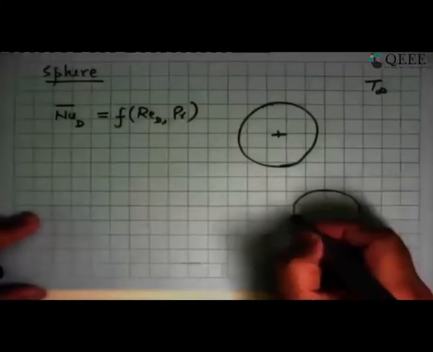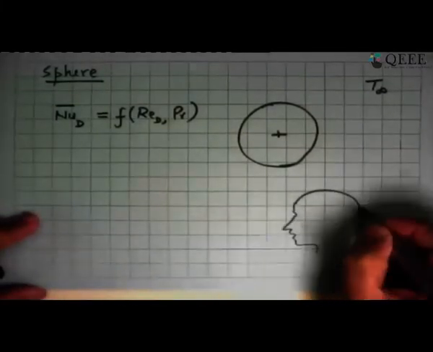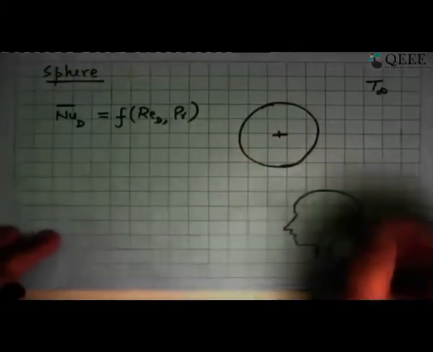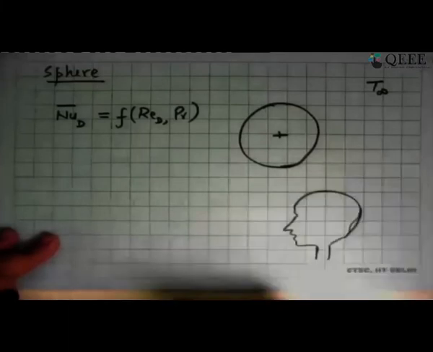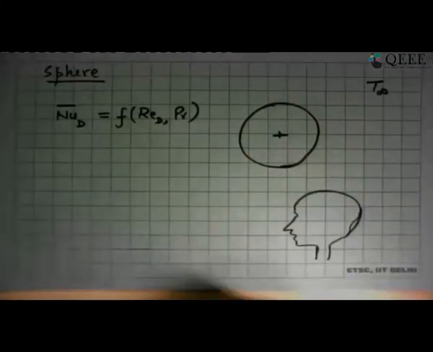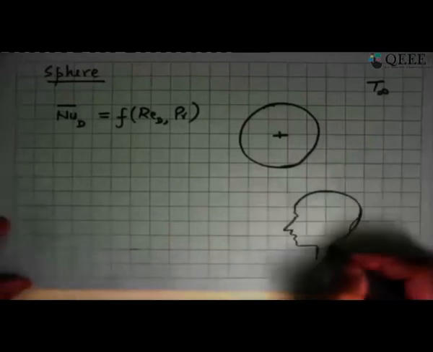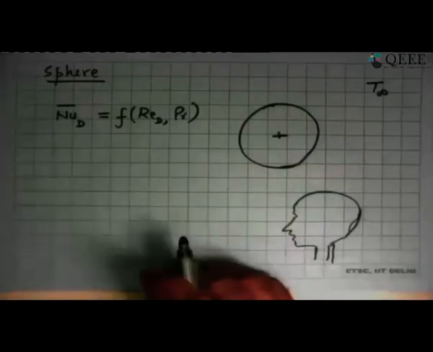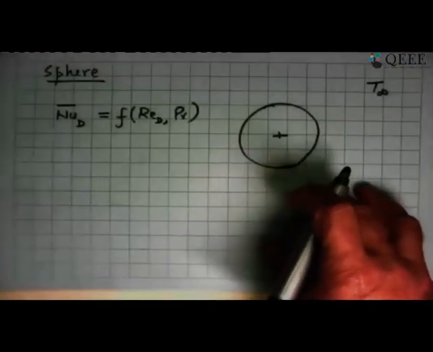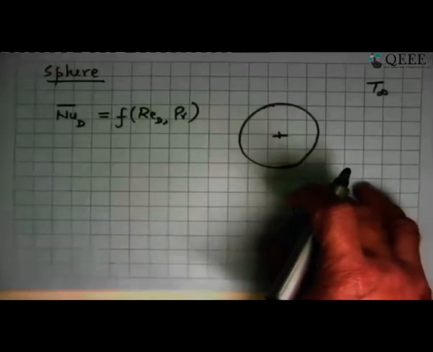For example, if you want to calculate the heat transfer from the head of a person, we remember that heat transfer from the head is very, very critical for maintaining a healthy condition, whether it is a heat wave or extreme cold. The head loses a disproportionately large part of heat compared to the rest of the body.